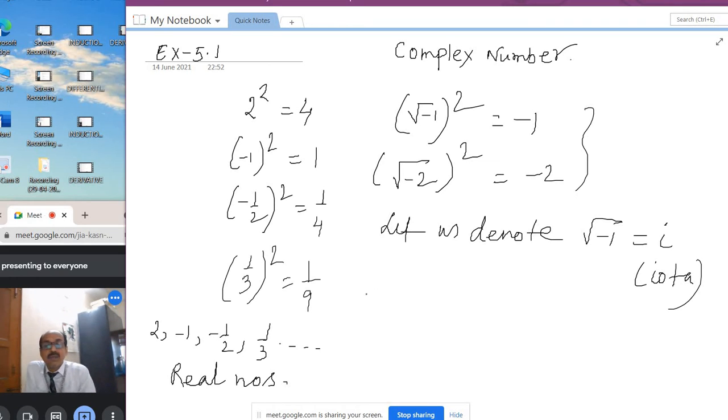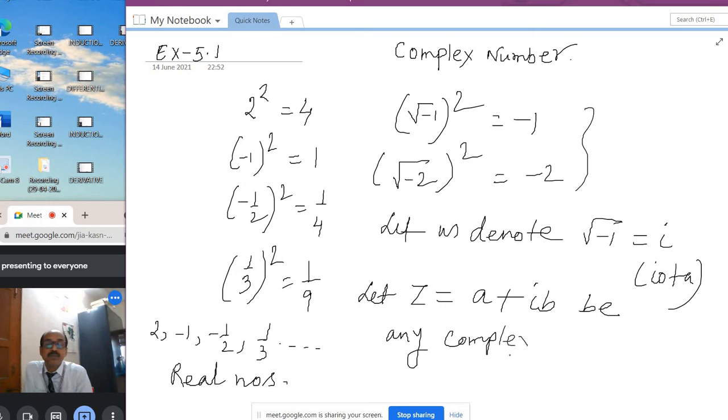Now let z be any complex number. So a complex number is denoted by z. Let z equal a plus ib, any complex number.